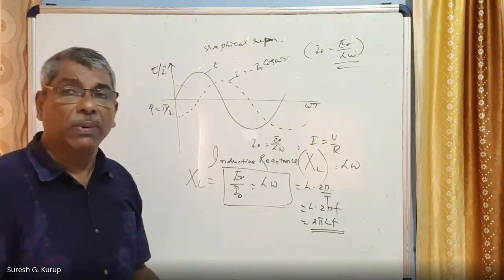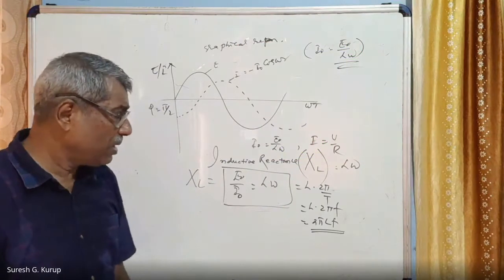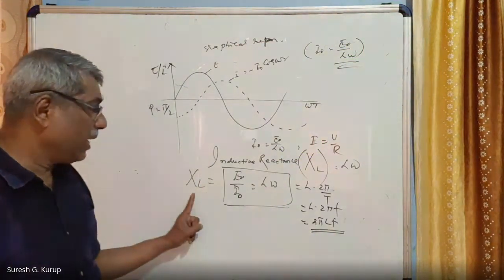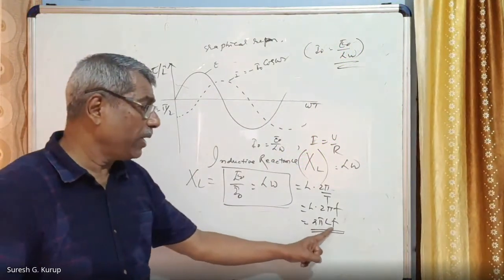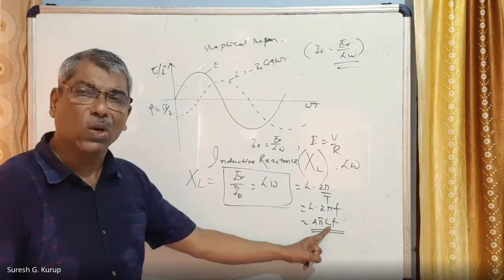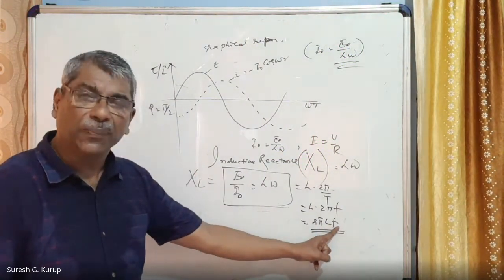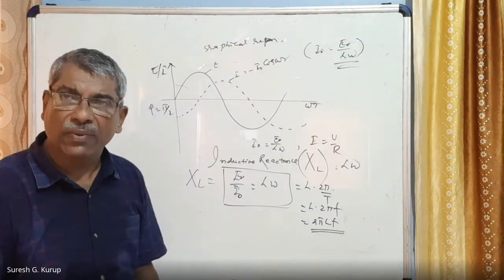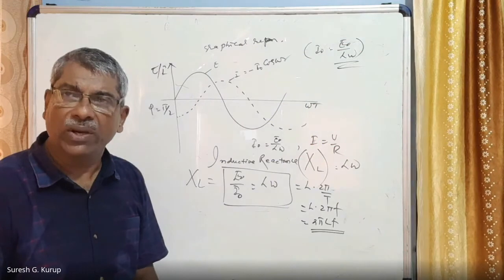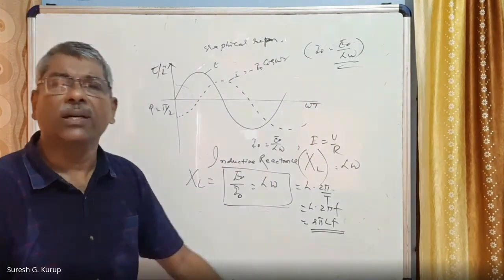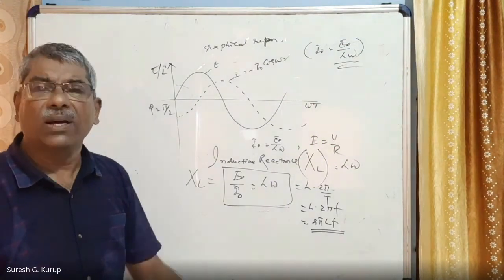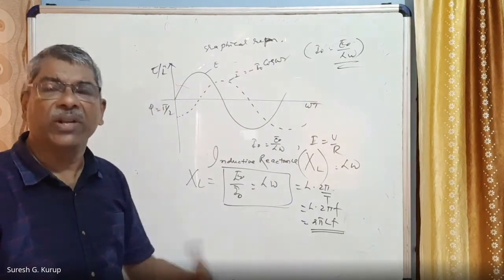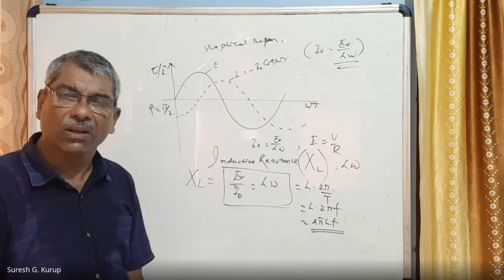In the inductor circuit, what is the applied EMF? E is equal to E0 sin omega t. What is the frequency of that? That is equal to F. Therefore, XL is equal to 2 pi LF. 2 pi is a constant, L is a constant, F can vary, because for an AC EMF, every term can be varied: the EMF value, the current value, and the frequency.